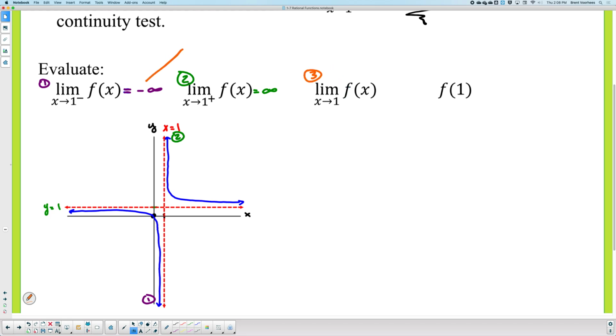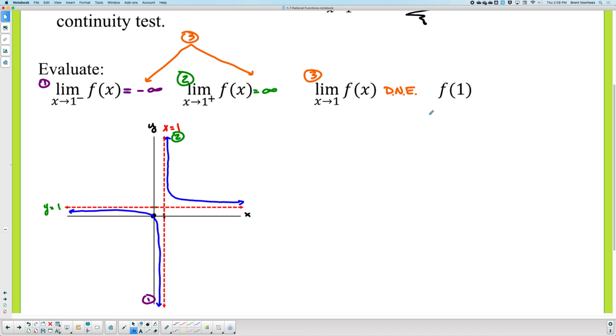Are these 2 values the same or are they different? They're different. The third limit says if they're the same, you get an answer. If it's not, then this does not exist. D, N, E. That limit does not exist, because these are different. And then finally, f of 1.